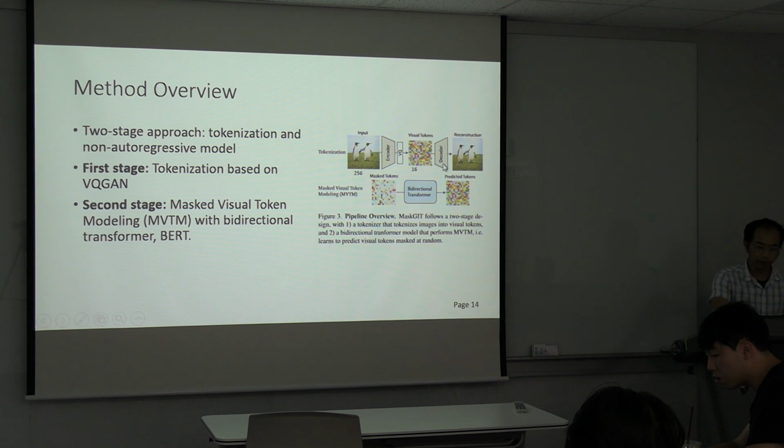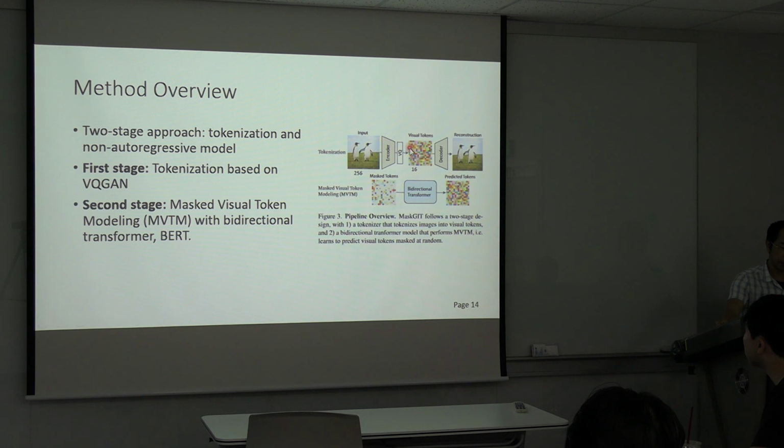In the second stage, we only train on the latent space of the visual tokens. The visual token is just an integer number. We have 16 by 16 equal to 256. We train on this sequence and feed it into the bidirectional transformer here.